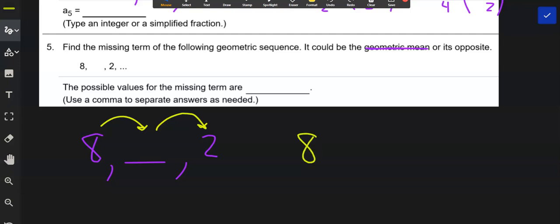So, how do I say times r times r? Wouldn't I say r squared? Hey, thank you very much. I appreciate that. I heard you before I said it. And you get 2. Please solve this for me right now.